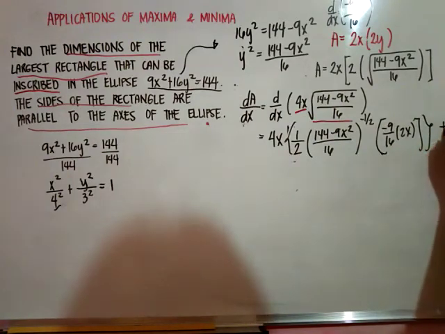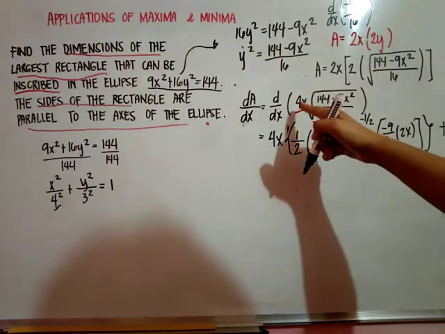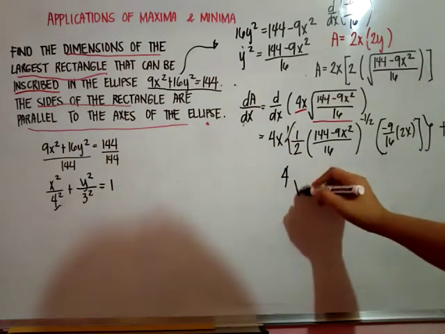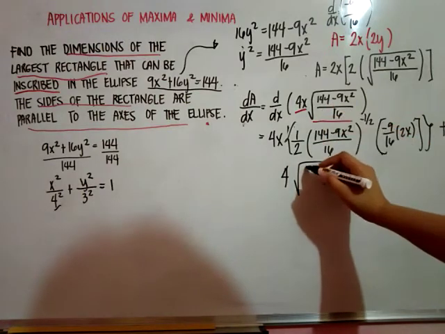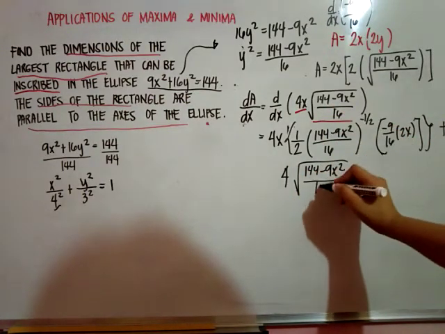So, plus, we copy the derivative of the first term. So, we have 4. And then we copy the second, which is the square root of (144 minus 9x squared) over 16.